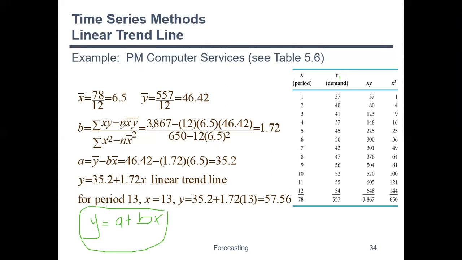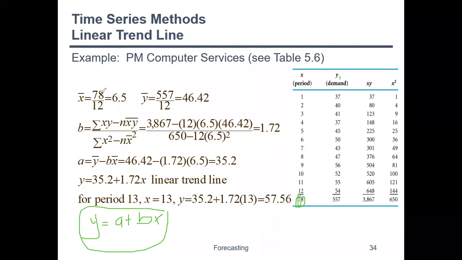Now let's start. To do that, first of all, we need to be able to know our X bar, that's the mean of X, and then the mean of Y. How do we get the mean of X and then the mean of Y? The mean is just the total divided by the number of observations. So for the X, the total here was 78.